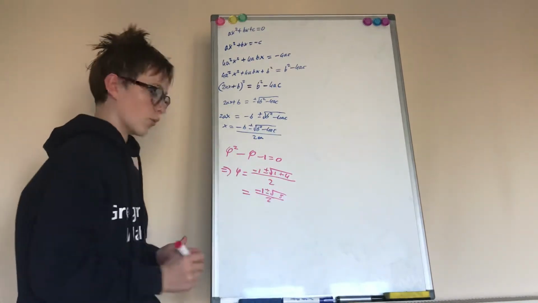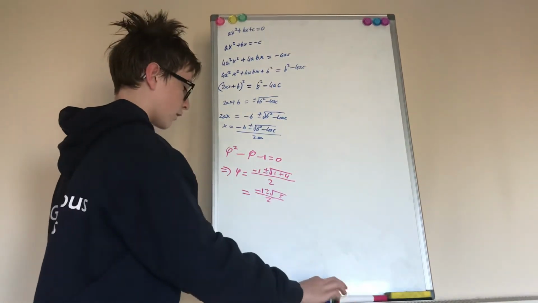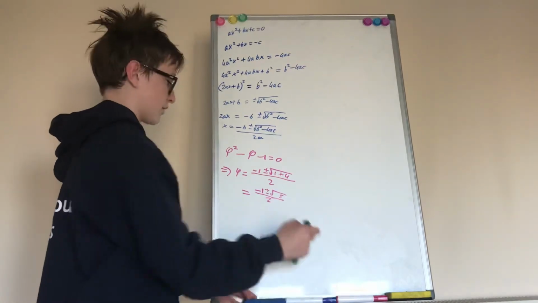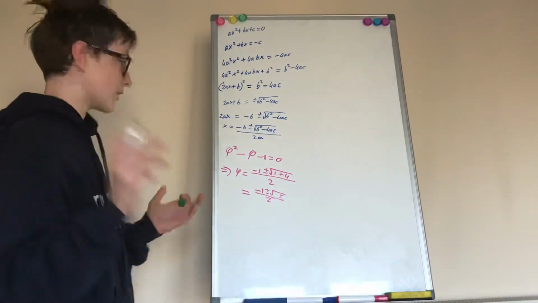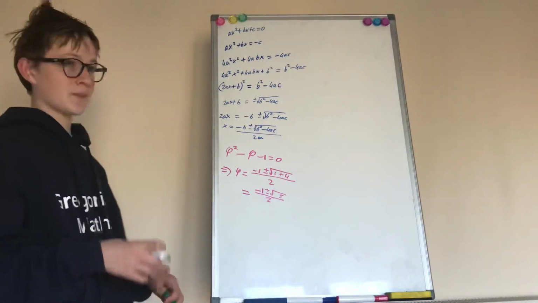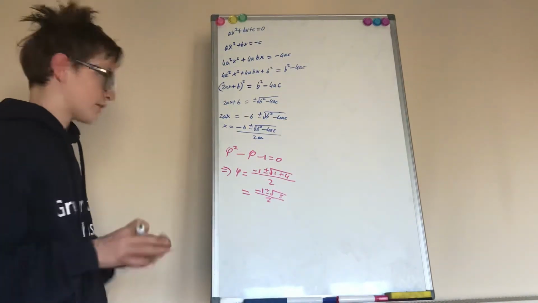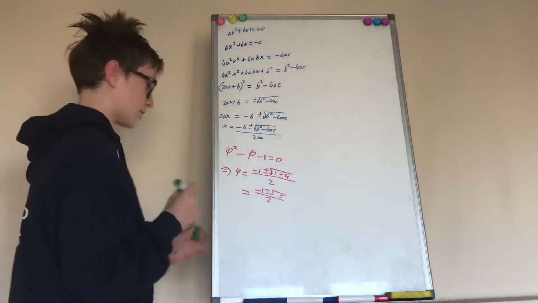Why is this so cool? Well, without going on too much of a rant about the golden ratio, there is something really cool we can do. This will maybe blow your mind. I can't guarantee anything.